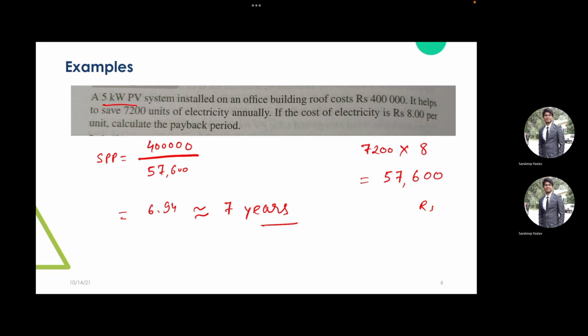Okay. Now you got how to calculate the simple payback period. So let's continue to the next thing, that is discount rate.